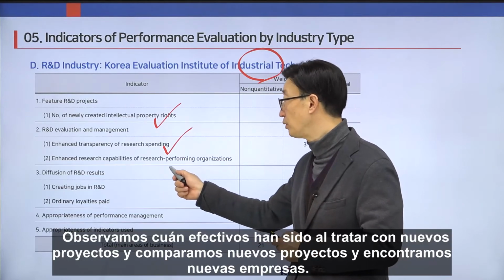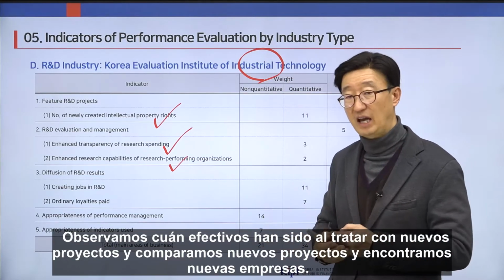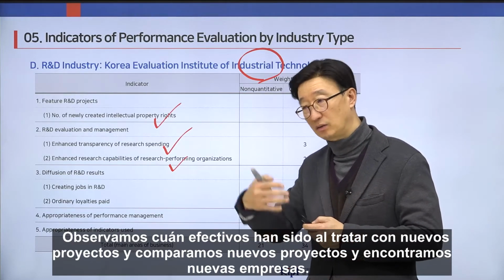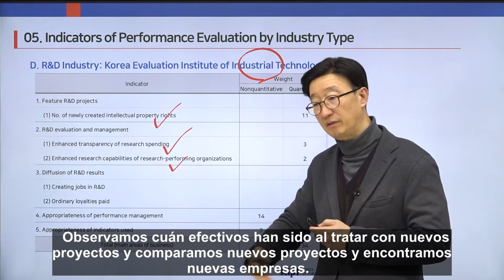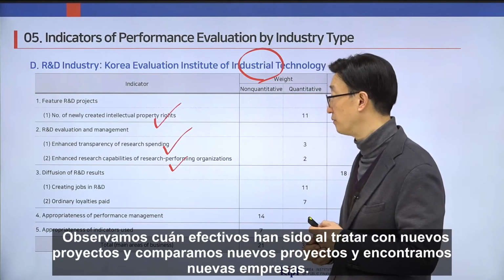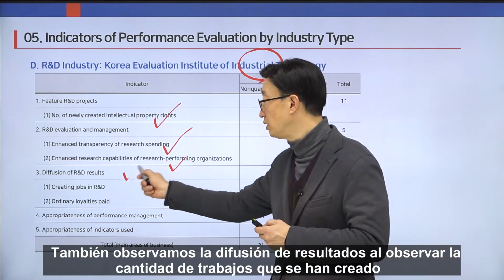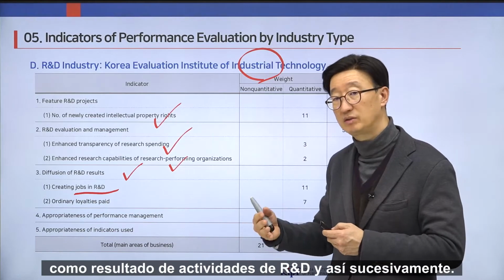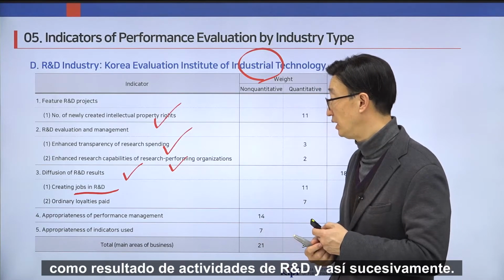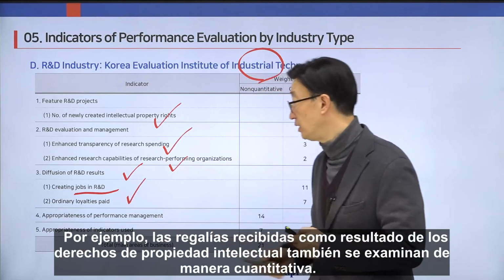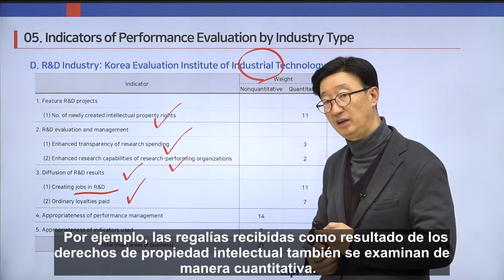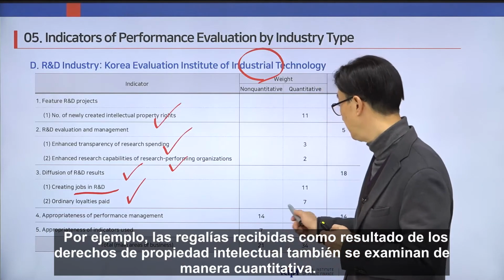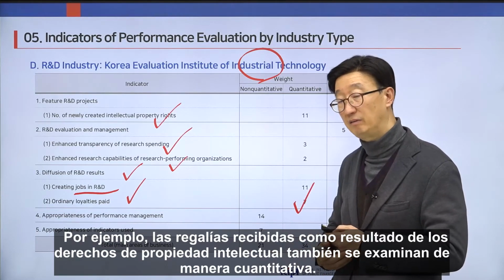And also, we look at how effective they have been in dealing with new projects and finding new ventures and so on. We also look at diffusion of results by looking at number of jobs that have been created as a result of R&D activities and so on. For instance, the royalty received as a result of the intellectual property rights are also examined in a quantitative manner.